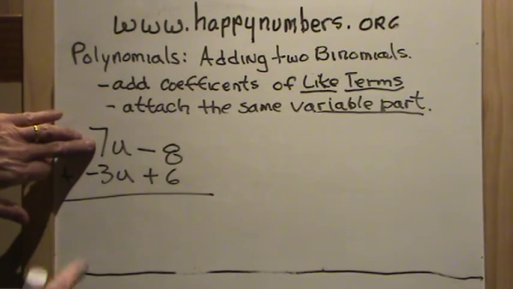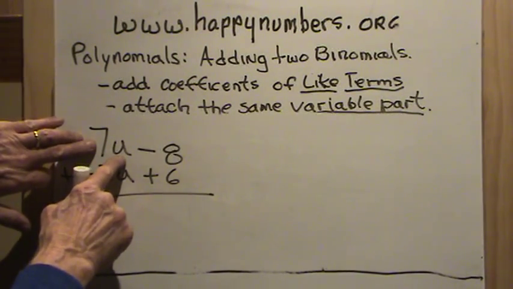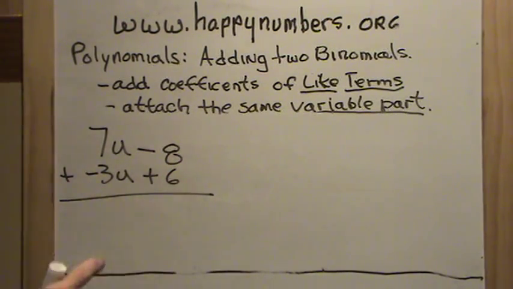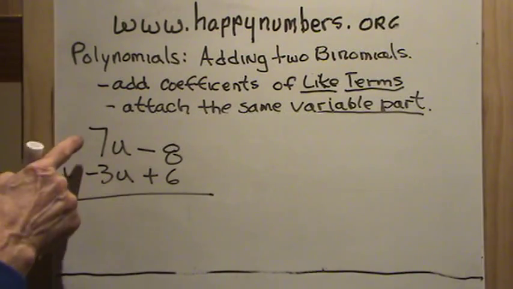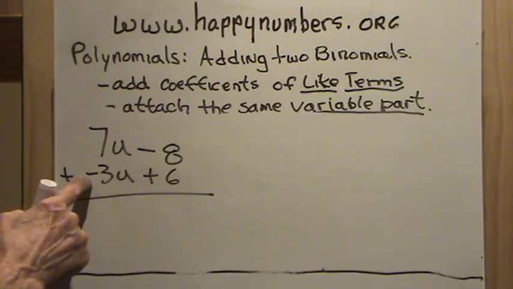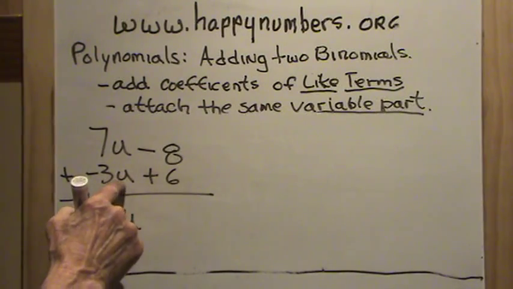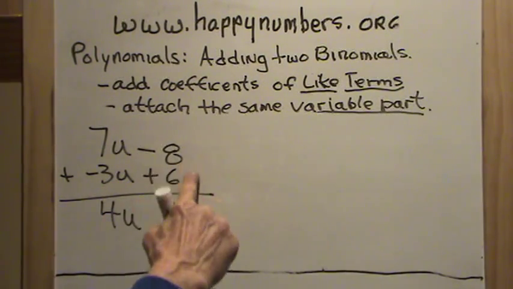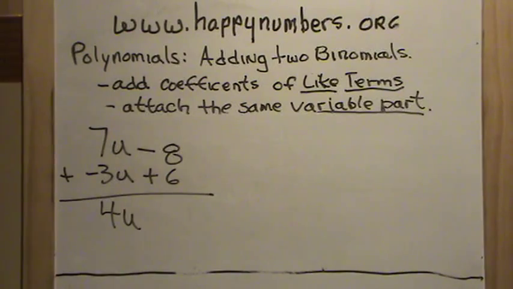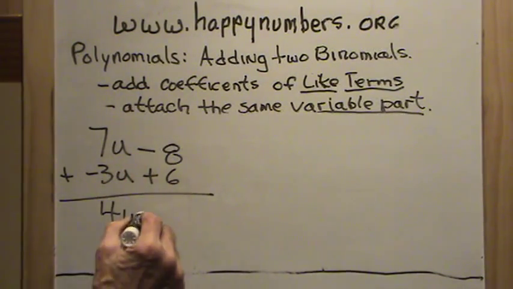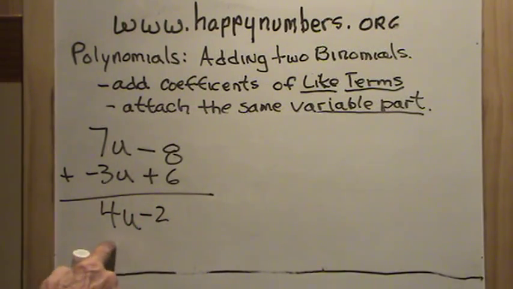This binomial only has one term that has a variable. This has no variable, and this has a variable. These are like terms, so we can combine the coefficients. 7 and negative 3 is 4, and we use the same variable part. These are similar terms because there is no variable part, and so we can combine the negative 8 and positive 6 gives us a negative 2, and that's that solution set.